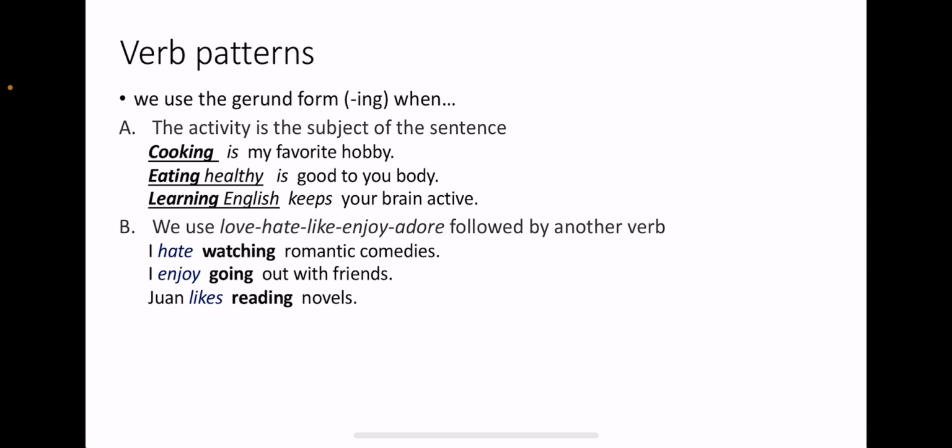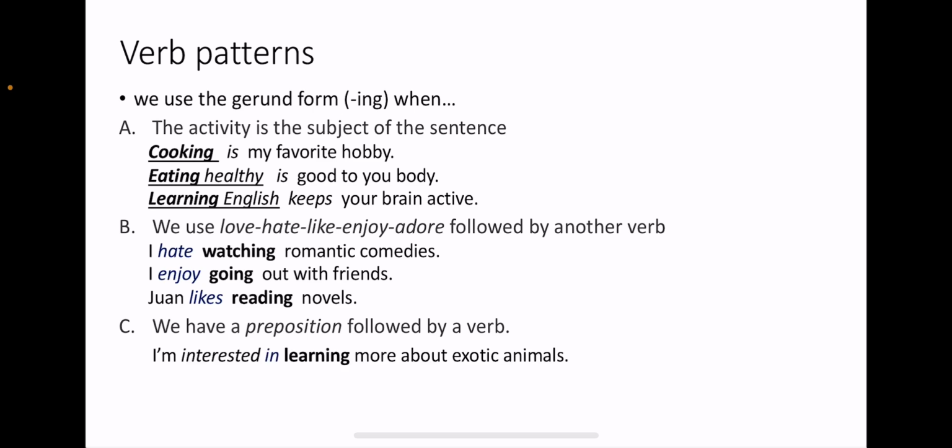And there is one more. We always use a gerund form when we have a preposition and then a verb. So, I'm interested in. In is the preposition. So you're interested in what? The next activity is in gerund. I'm interested in learning. We don't say I'm interested in learn or I'm interested in to learn.